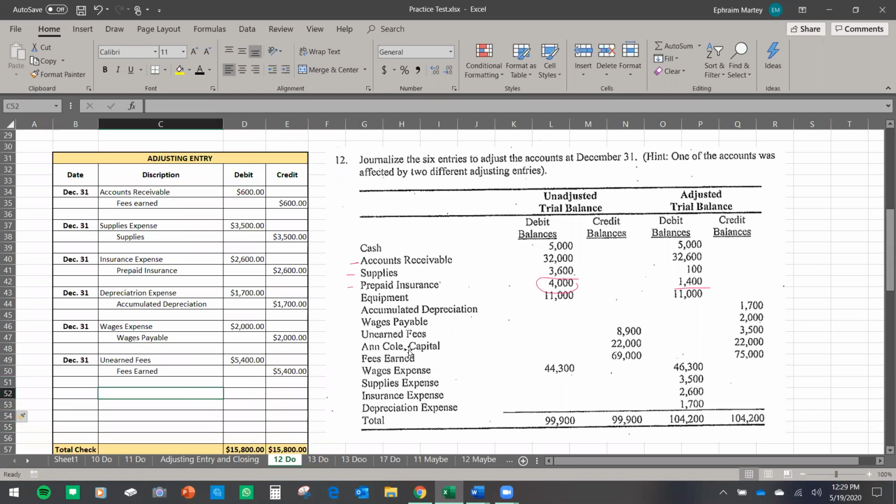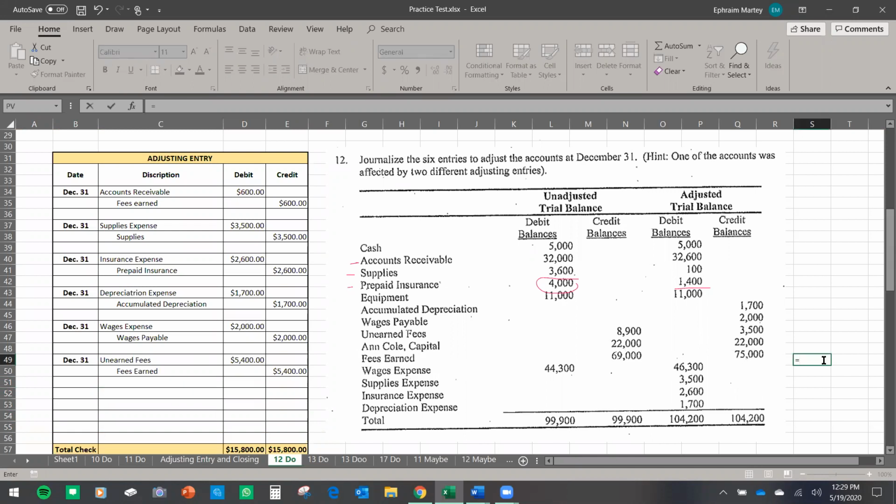So we have our capital. So we know capital, nothing happened. Fees earned was 69,000 to 75,000. So we already did fees earned, but you will want to confirm if that is true. Okay.